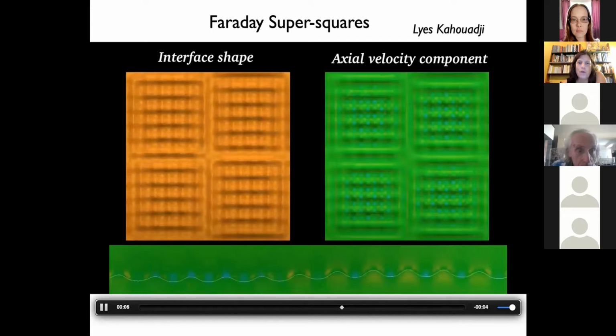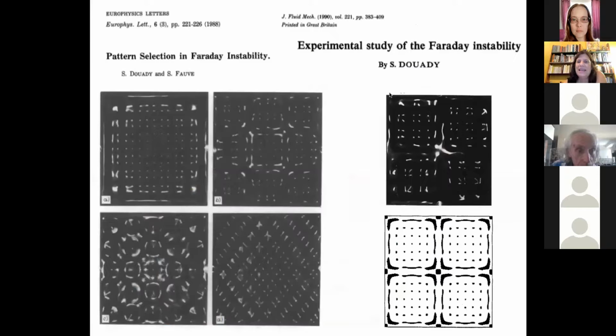And we were happy to see afterwards, after we discovered it, that this had also been seen experimentally. We did this in 2014, this is 1988. So about 25 years earlier, this had been seen experimentally, which we hadn't known. So that is our second exotic pattern.